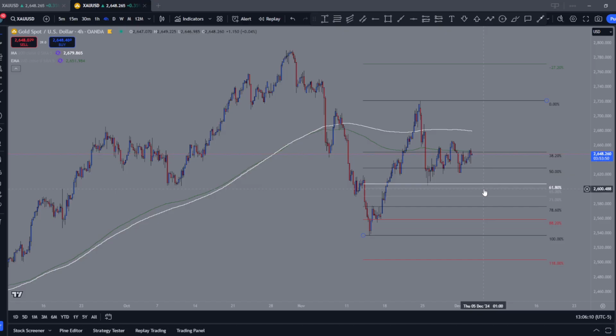Now let's talk about the 61, which is the second level we will be using the most. The 61 is a well-known level for reversals. That's why we have the 65 and the 71, because most retail traders are trading this level.